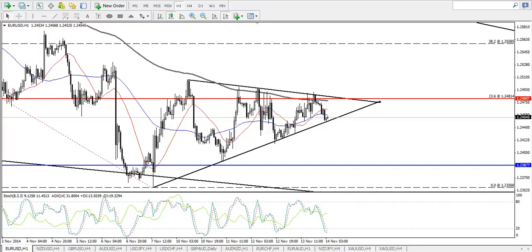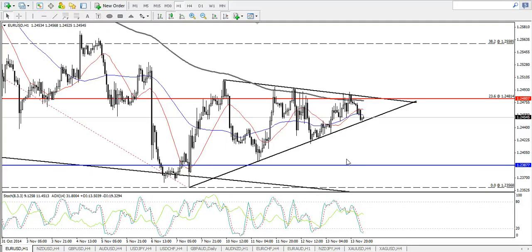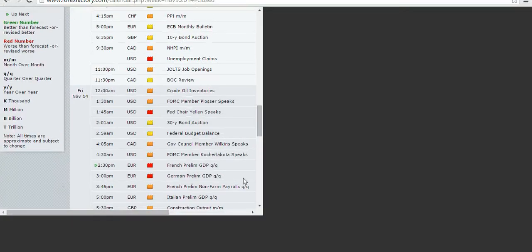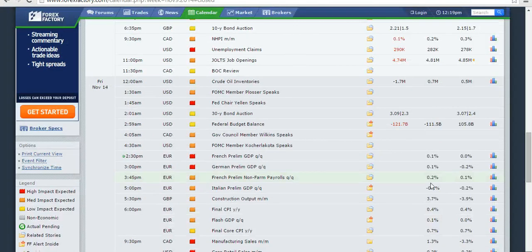And later on at 2:30 p.m. and 3 p.m. plus 8 GMT, we have the French and German prelim GDP. I believe there will be a strong impact on the euro against the US dollar. The forecast is higher than the previous, for the German prelim as well as for the French prelim, as you can see over here.